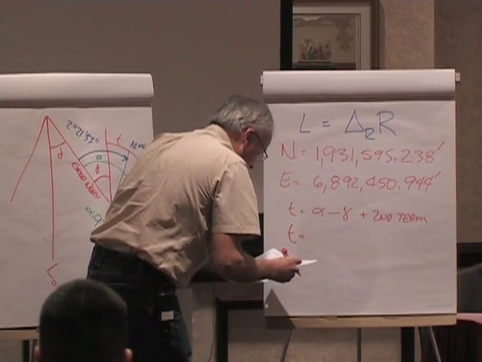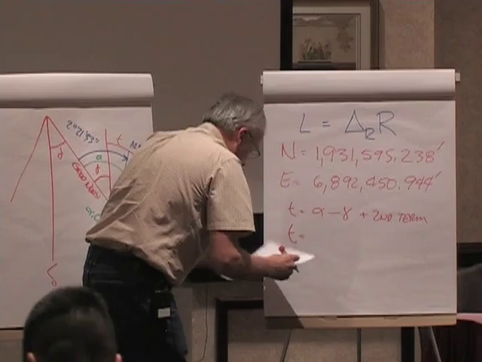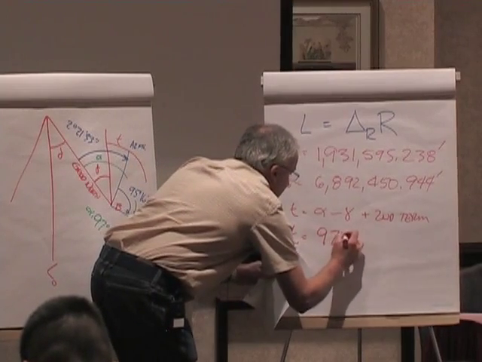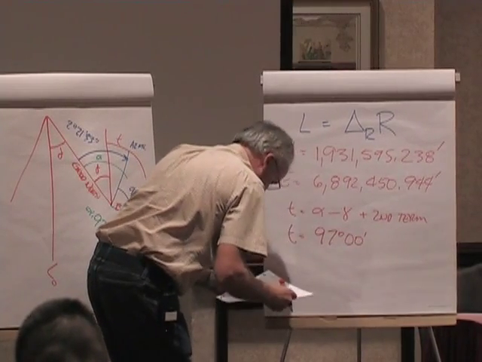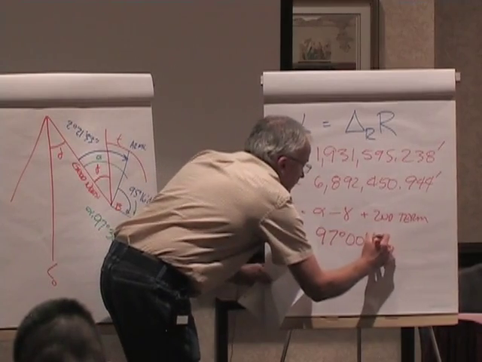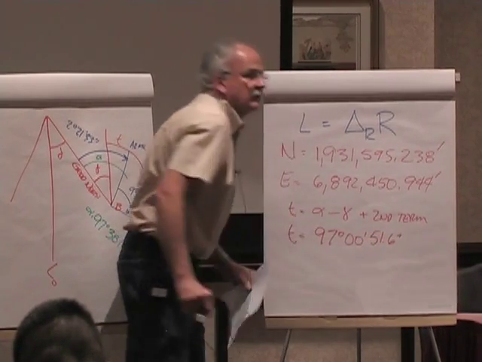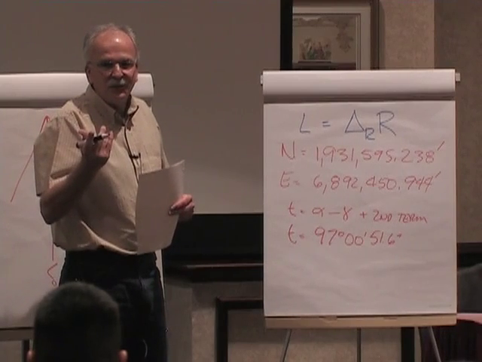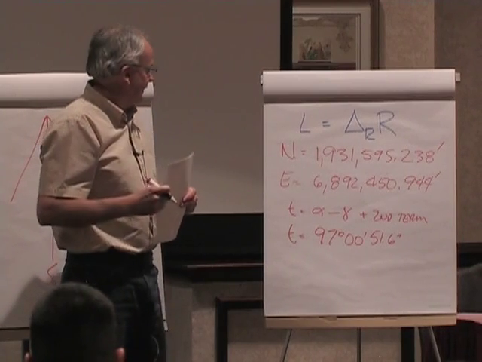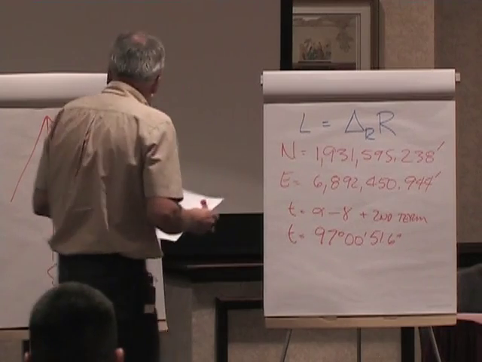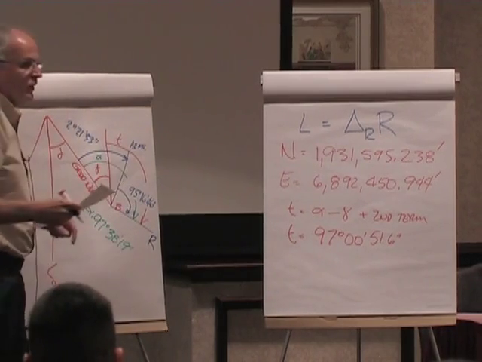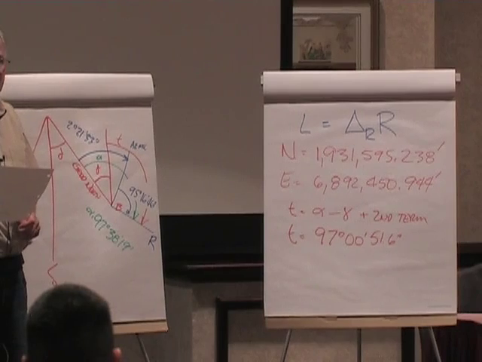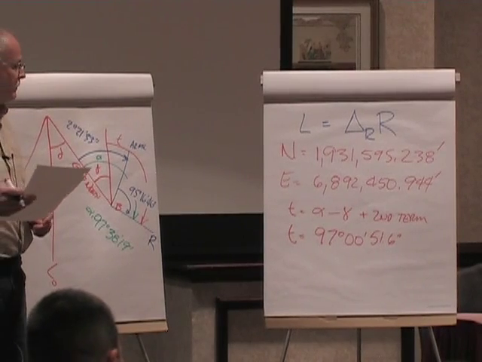So we will ignore the second term for our calculations, and our grid azimuth is going to end up being from Bernardino to Riverside, if you do the math, 97 degrees, 00 minutes, 51.6 seconds. I don't remember what the gamma was, so I didn't do that one. That's right. Gamma is whatever we calculate, 34 minutes or something like that. 37, 27. Yeah.